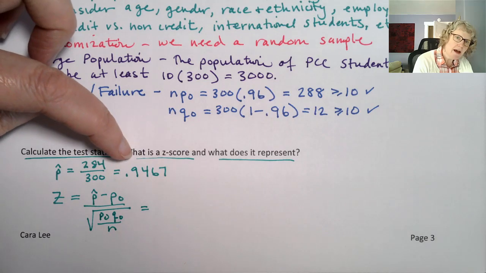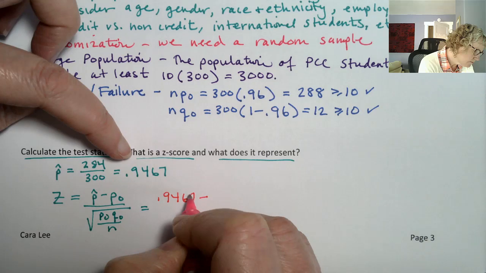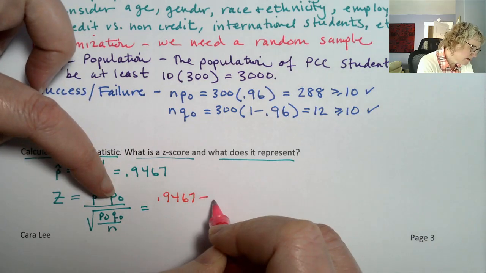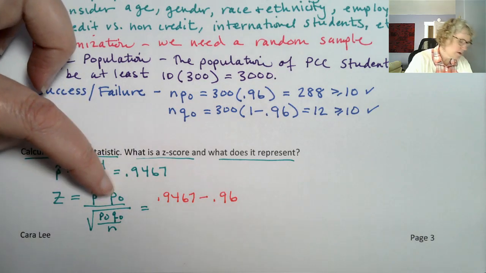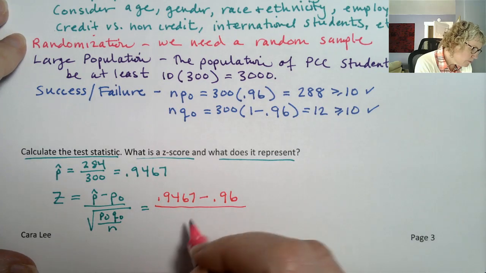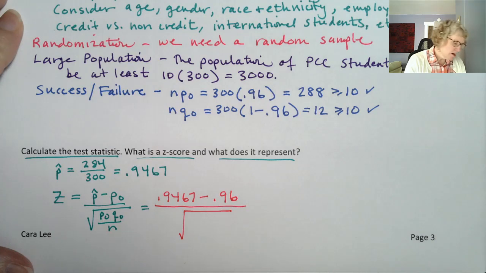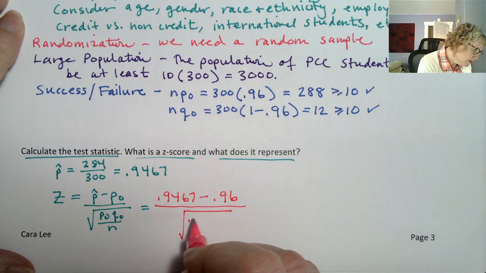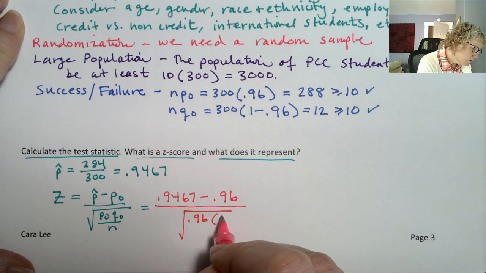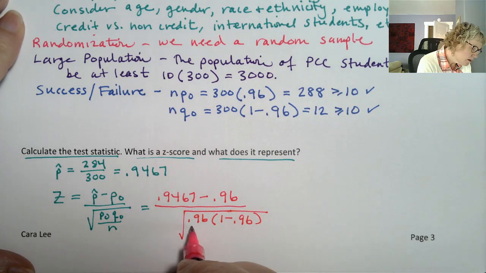Our P hat is 0.9467 minus our P0, that's our null value of 0.96. We got our one sample. We want to know how far that is from the null, and then how many standard errors that is. So we're going to divide by the standard error. Our P0 is 0.96, Q0 is 1 minus 0.96, all over N, which is 300.